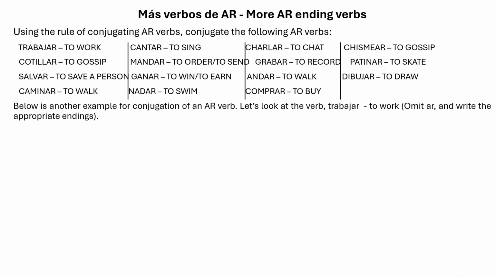Now it says más verbos de AR, more AR ending verbs. You may want to pause the video and write down the meanings of all these verbs which are on the screen.